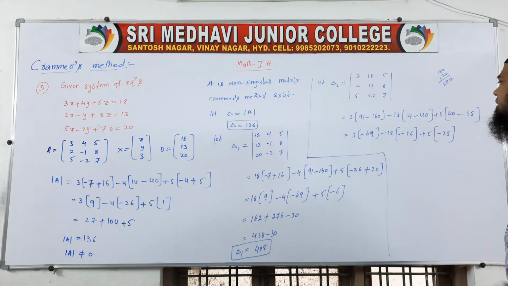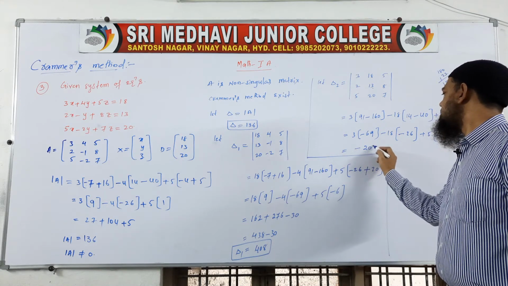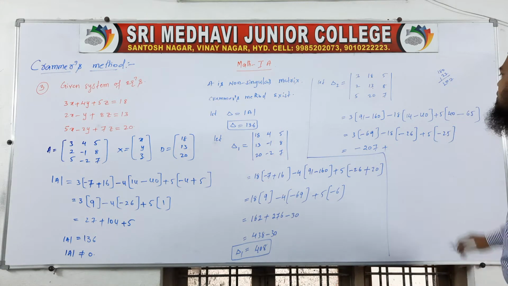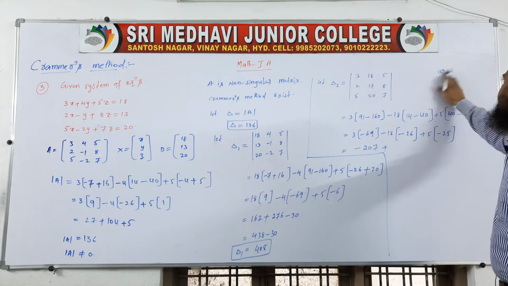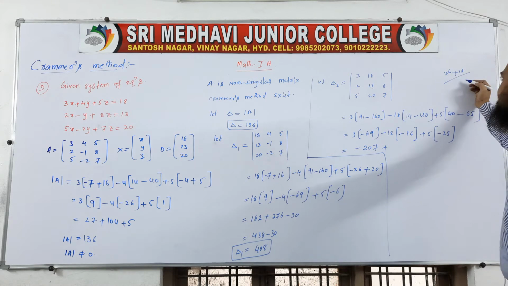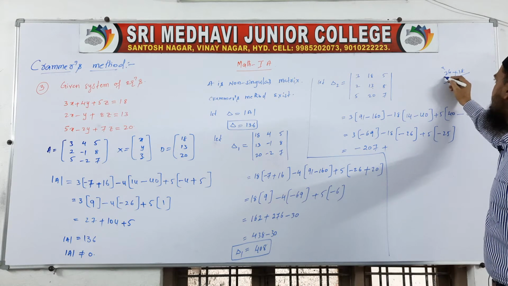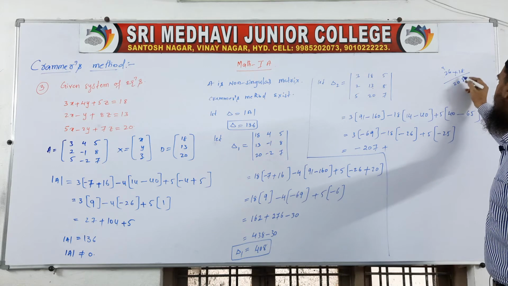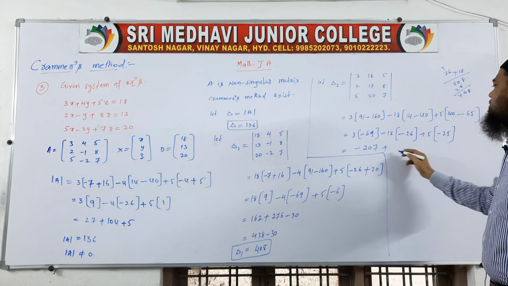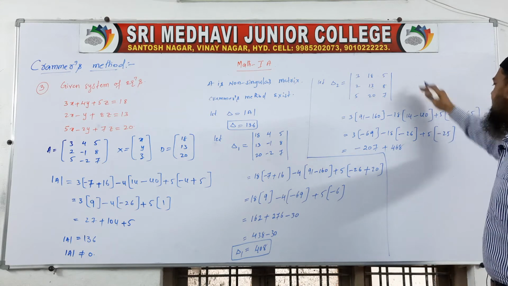207. So it is minus 207. Minus into minus plus 18, 26, 18s are 468.